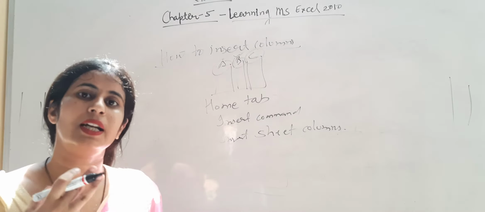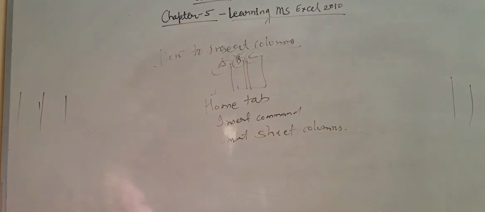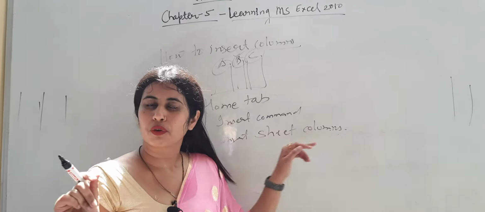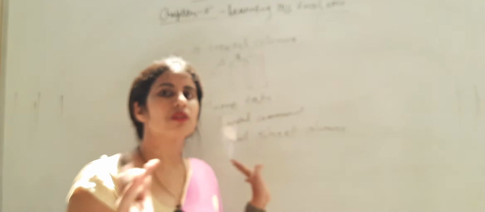So in this way you can insert it. Now here you have chosen this, so you have to click on it, then you are able to insert the sheet in your worksheet.